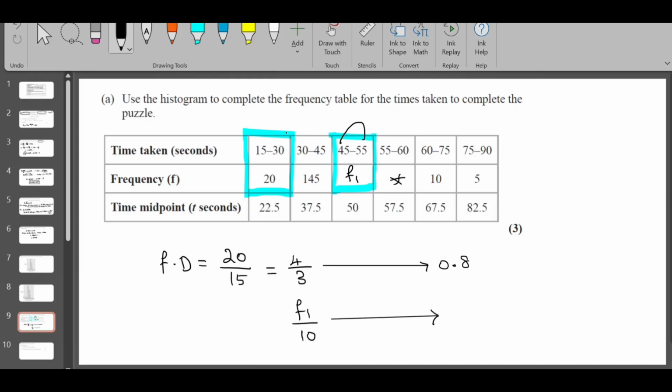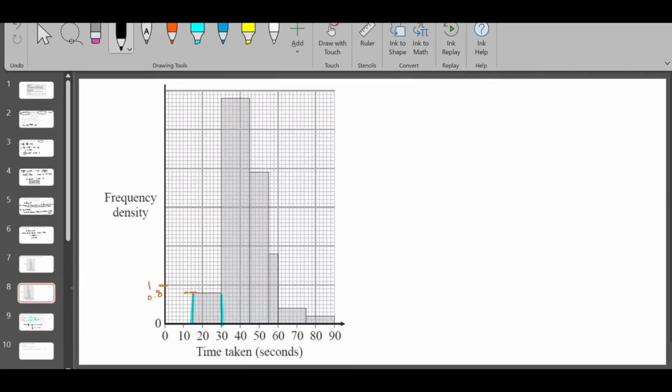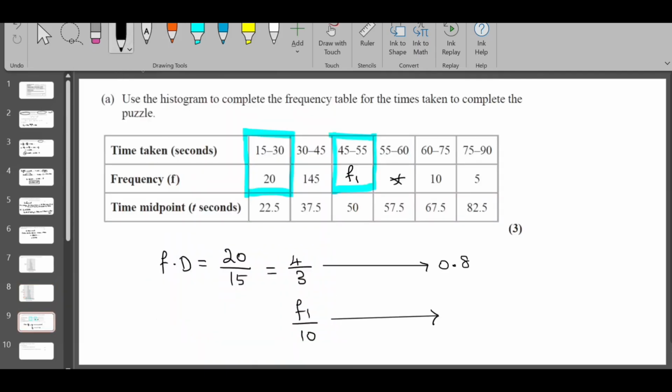But now let's look at the histogram and check what the actual height is there for 45 to 55. 45 is in here, 55 is in here. The height of the bar is, this is 1, 2, 3, 3.9 is the height, right? 3.9 is the height. So you cross multiply, you will get the value of F1.